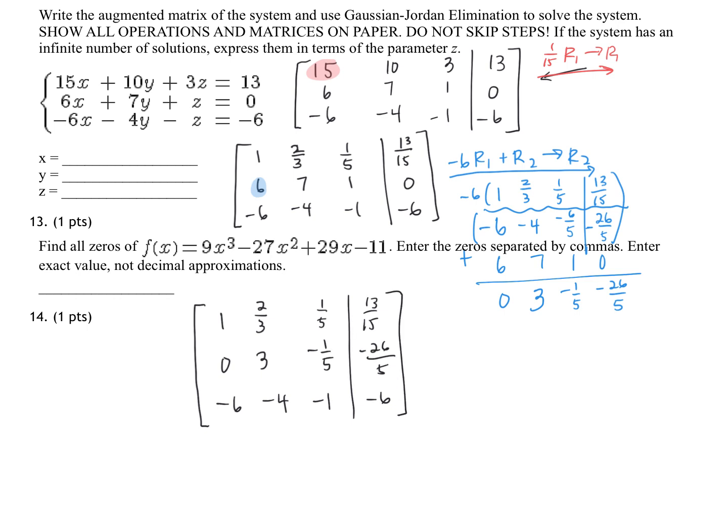Okay, so now we want to get negative 6 to be a 0. So that's our next step. To accomplish that, we will multiply row 1 by the opposite of that. So that's 6 times row 1 plus row 3, and we're going to replace row 3 because we want the 0 to be there. Okay, so 6 times row 1.